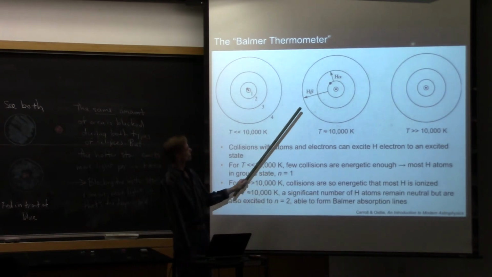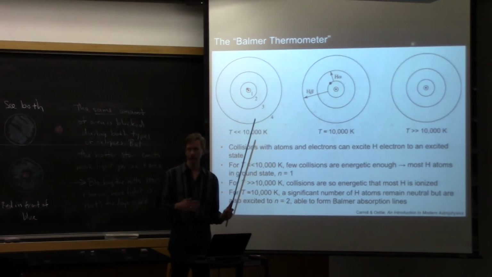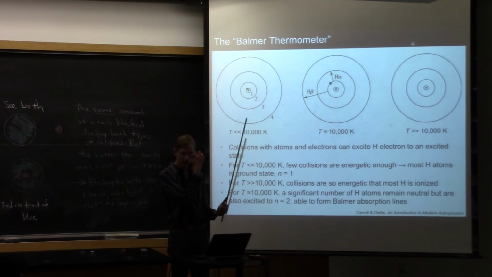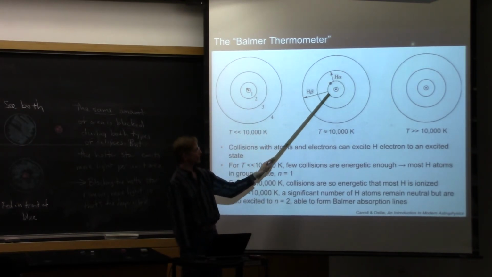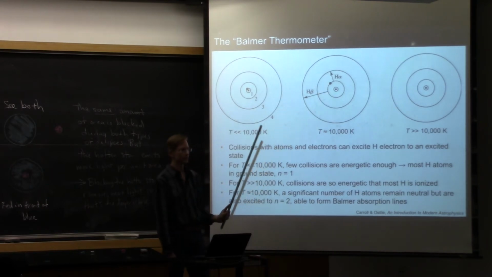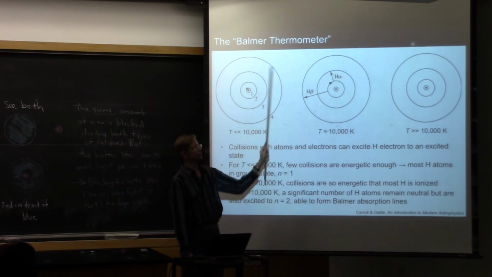If it absorbs photons while it's sitting in the ground state, those are ultraviolet energies, and so those are not visible light photons. But if the electron is already sitting in the first excited state, the n equals 2 orbit, then if it absorbs a photon, it will be a visible light photon.